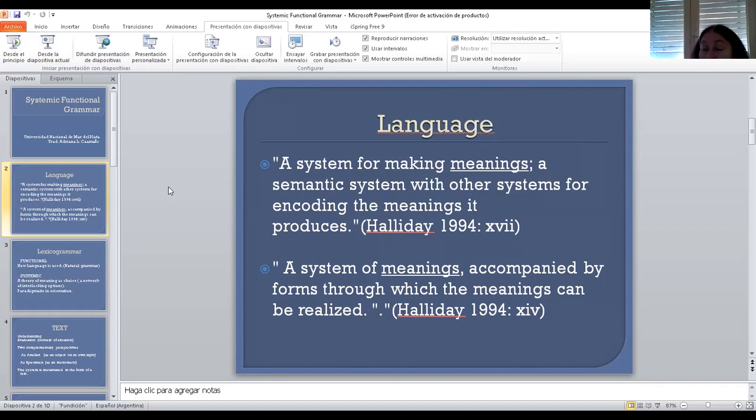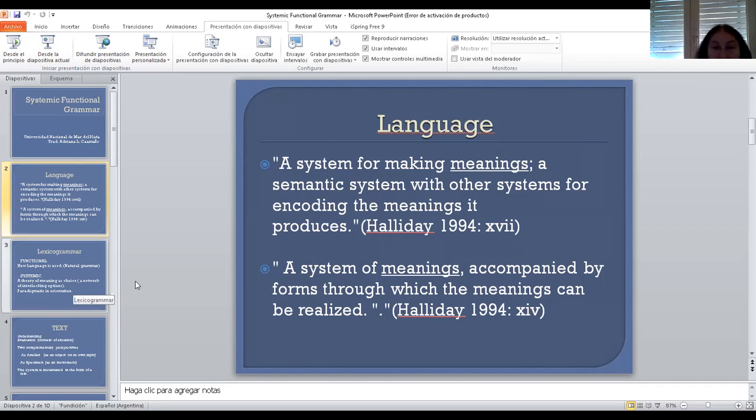Probably this rings a bell in Grammar 1 when we talk about formal and functional grammar. We are basically referring to formal grammar, which will be generativism, and functional grammar, which would correspond to systemic functional grammar. So we see how meaning is the starting point of systemic functional grammar, accompanied by forms, okay?